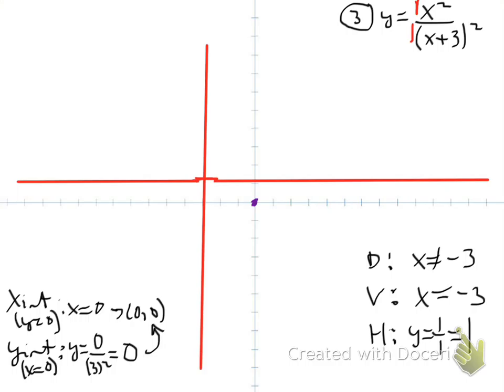Now the question is, what is going on here? Well, when we look at this 0 here, it came from what? It came from the x-intercept over here. So I'm going to delete all that. It came from there. And that number came from setting the top equal to 0.